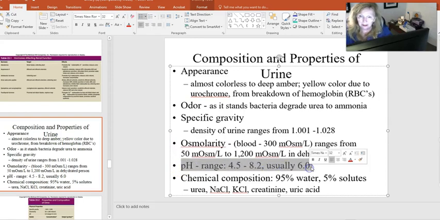pH, the pH for urine has a broad normal range. So blood and body fluids are typically a really narrow range, 7.35 to 7.45, but not for urine. Urine can be down as low as 5 pH, and as high as 8 or 9 pH, because this is the system that is controlling that hydrogen ion concentration. So that's just normal.